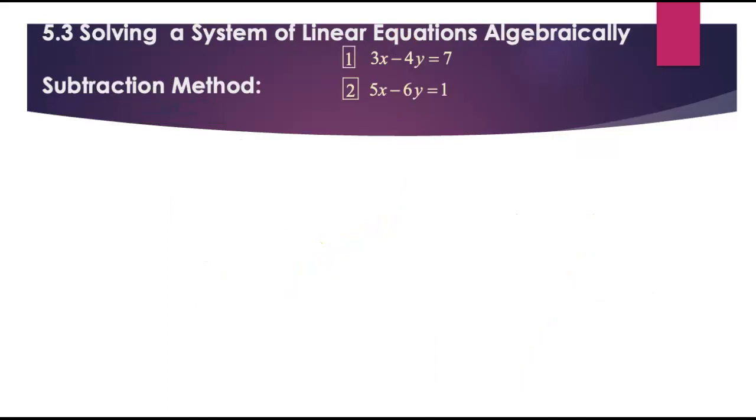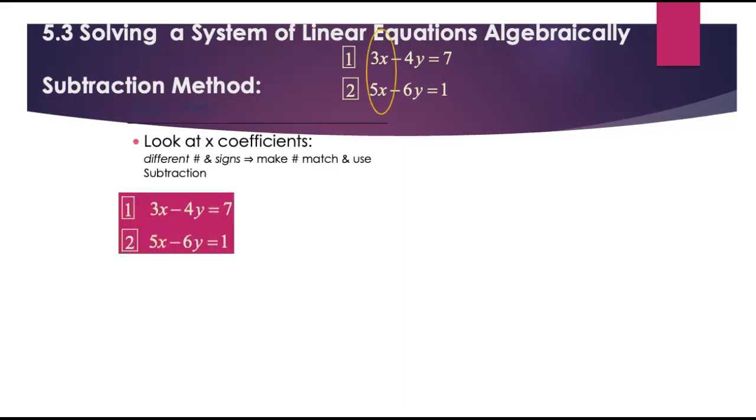Now, sometimes the equations are not quite that simple. Here in this case, we've got two equations in the form ax plus by equals c. But if we were to add those, we would not be able to eliminate one of those variables. So we have to take care of that. The way we're going to do that is we need to decide which one we want to eliminate.